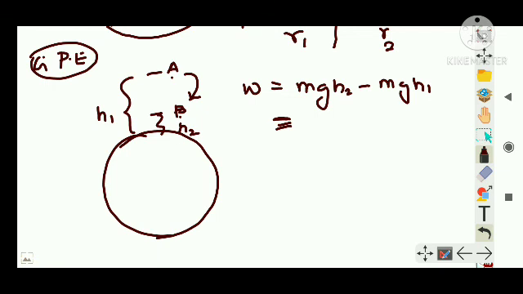I'm sorry. Let's say I want to bring a mass from A to B, so we require two positions. Let's say this is A and this is B. B is at height h1 and A is at height h2 from the surface of Earth.